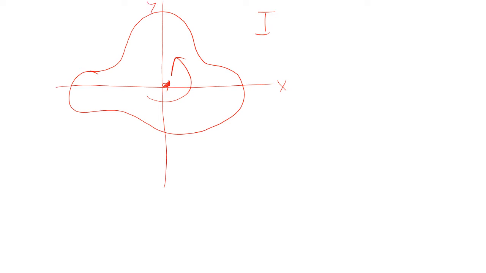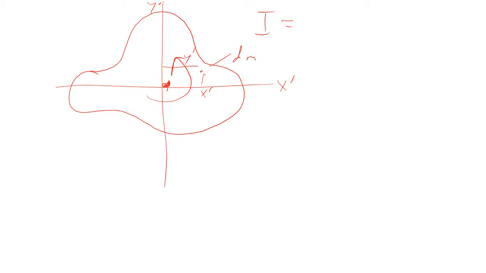And for every little dm out here, there's going to be some x and some y position right here. We'll call it x prime and y prime because we'll call these the primes, that being the coordinate relative to the center of mass.